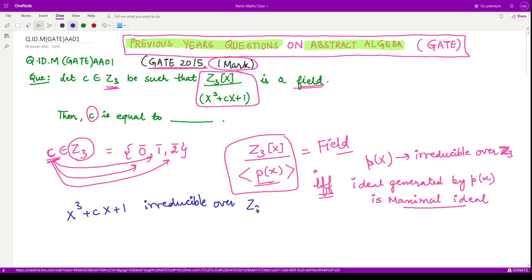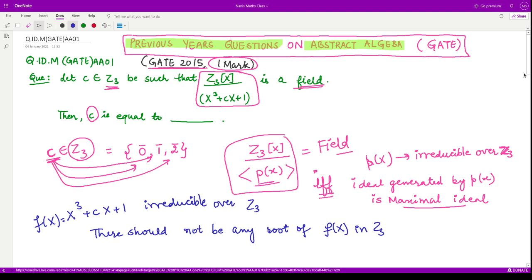So for this to be irreducible, this is of degree 3, so that means there should not be any root of this polynomial. Let us call it f(x), of f(x) in Z3.